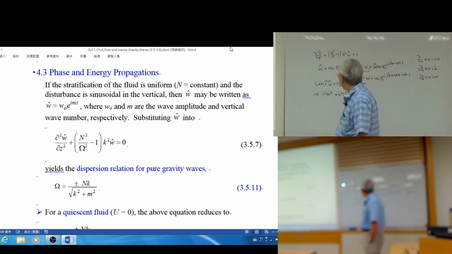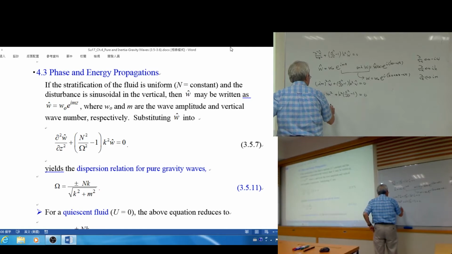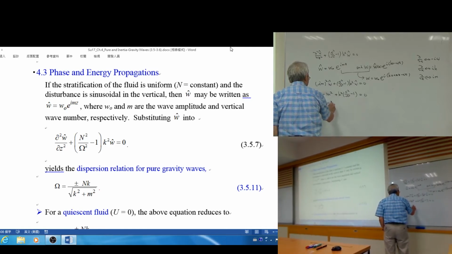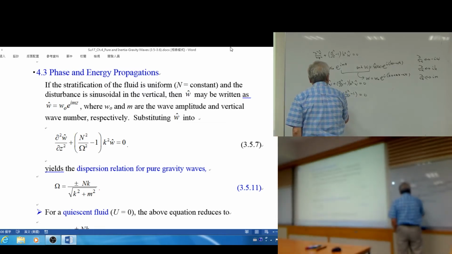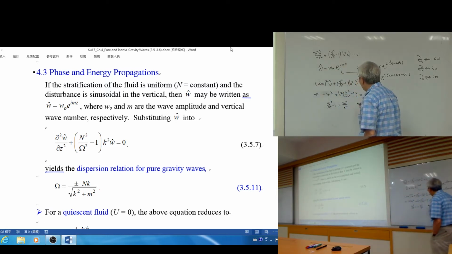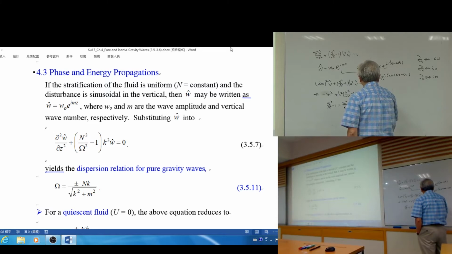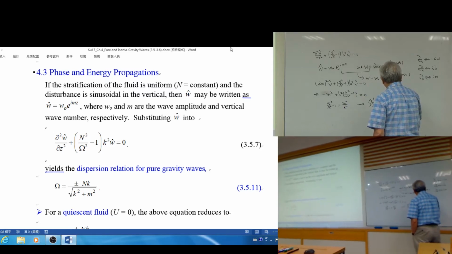Okay, so this can be reorganized. Now we have N squared over omega squared minus 1 equals m squared divided by k squared. So this gives us N squared over omega squared equals m squared over k squared plus 1, that is, m squared plus k squared divided by k squared.